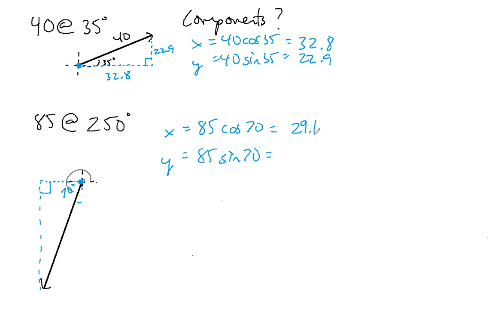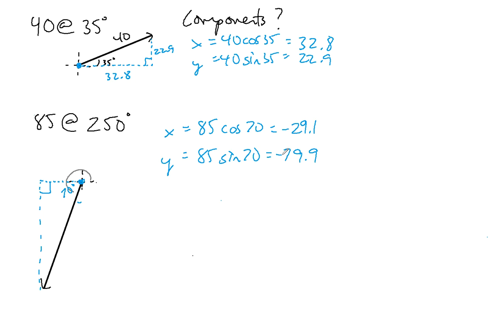And it is going to the left, so I'll make that negative. For the y component, I've got 85 sine 70, and I get 79.9, and it's going down, so that one would also be negative. So those are the x and y components of that vector.